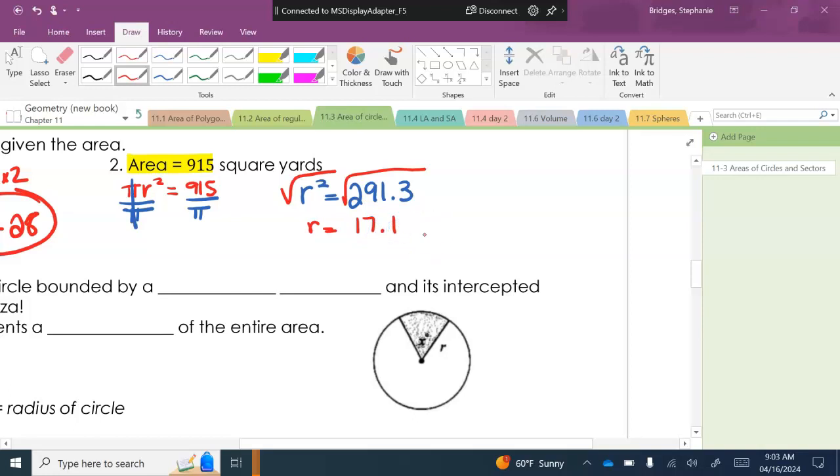So I'll get about 17.1. And then to find the diameter, I'm going to have to do what to that? Multiply by 2. So the diameter is going to be 2 times my radius. If you do 17.1 times 2, 34.2.